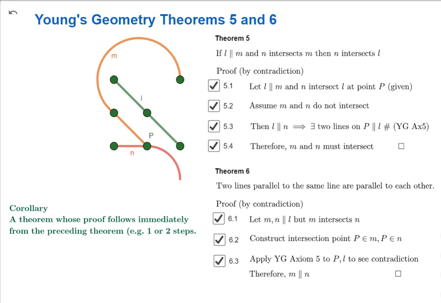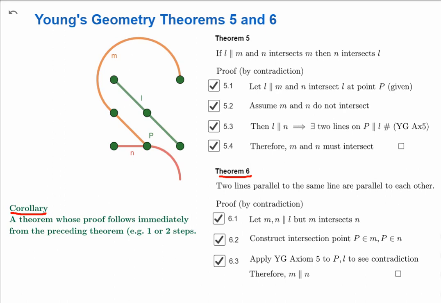So it's very much the same idea. And when we have a proof in mathematics that's virtually the same proof, just with one or two added steps, we call that a corollary. So technically, theorem 6 is actually just a corollary of theorem 5. As soon as you know theorem 5 is true, you can apply it to the situation to prove that theorem 6 is true.